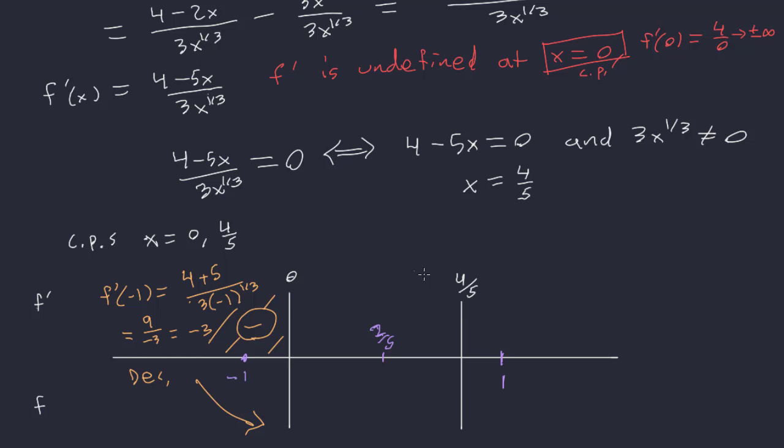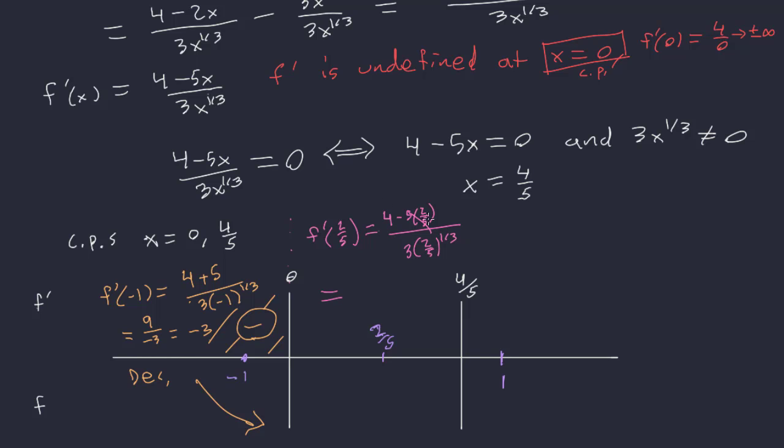All right. So for the next region, we are going to pick 2/5, it could be 1/5, whatever. I don't think it's going to matter that much. But notice the 5 is going to cancel nicely with that 5. So it'll be 4 minus 5 times 2/5, so those 5s cancel, over 3 times 2/5 to the 1/3.